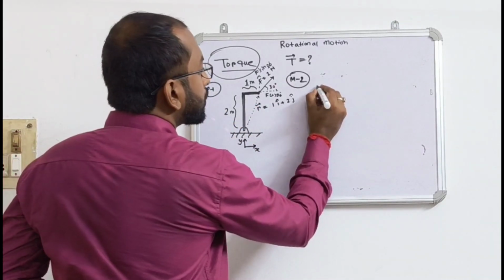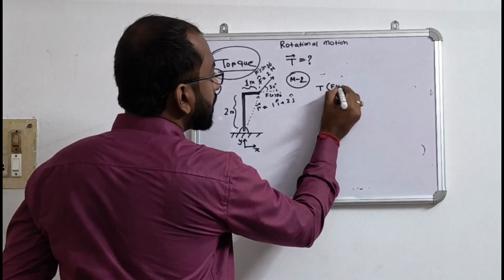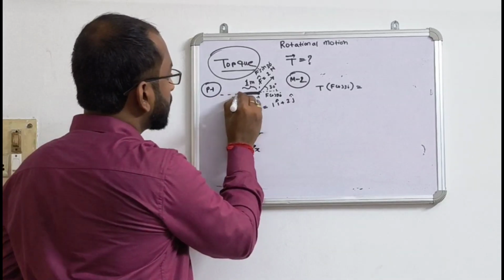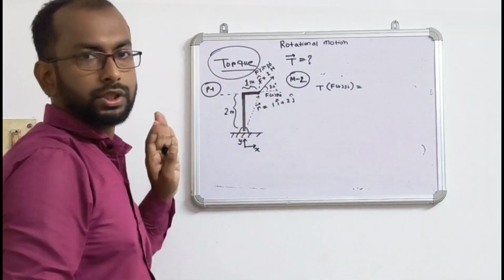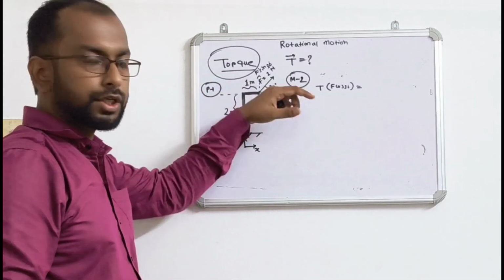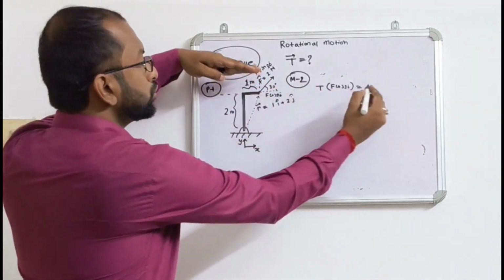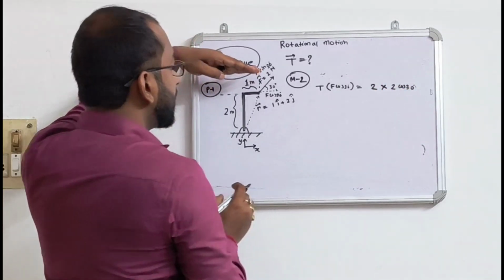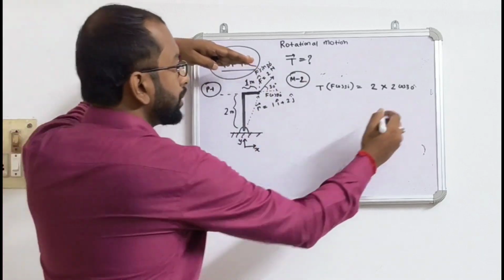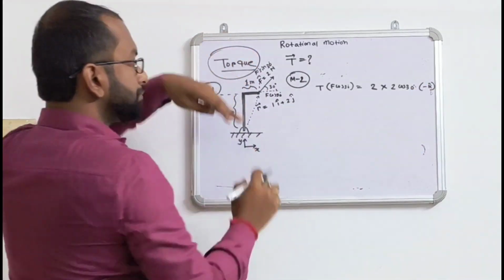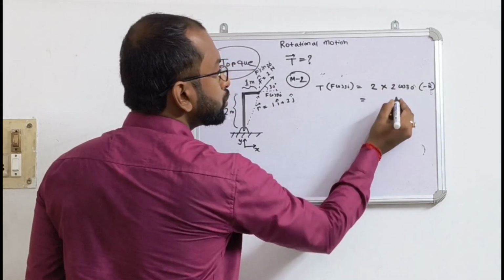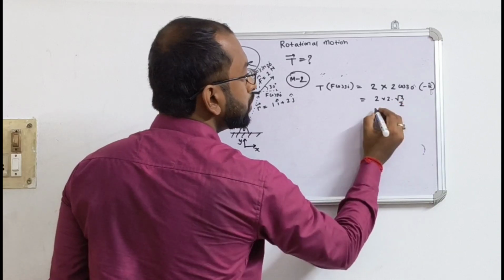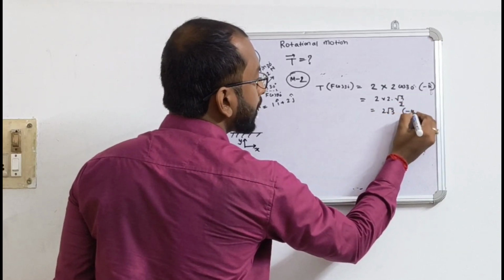So torque due to the F cos 30 component is the perpendicular distance of the line of action of the F cos 30 force into F cos 30. What is the perpendicular distance? 2, perpendicular distance into 2 cos 30, but it is trying to rotate in the clockwise direction, so it is minus k cap. So 2 into 2 into root 3 by 2, that is 2 root 3 minus k cap.